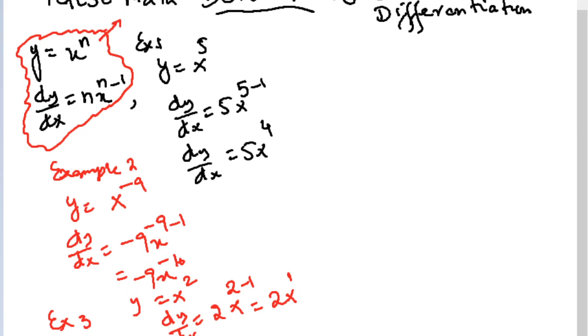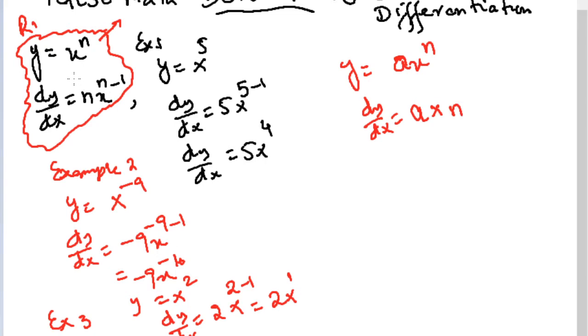Okay, now one more rule. This is rule number 1. Now if there is a situation like this, if they give you y is equal to a x power n and they ask you to differentiate, what you will do, dy dx is equal to, a is constant, so constant into power.